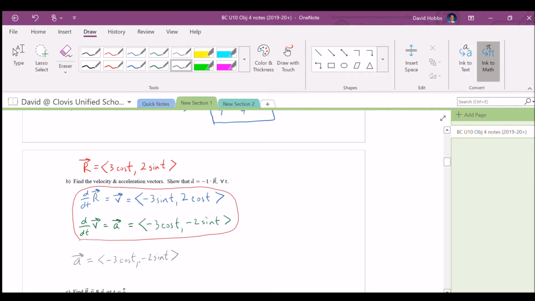And so they're both negative, so we could factor out a scalar value of negative 1. I think that would probably be kind of nice, so let's just factor out the negative 1.